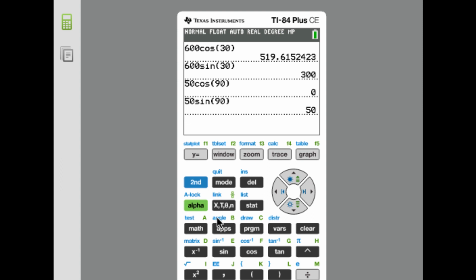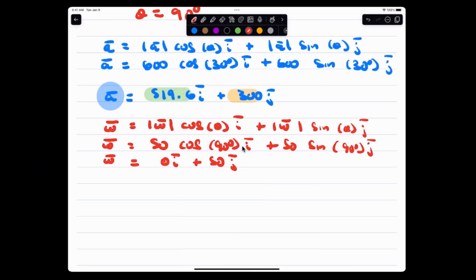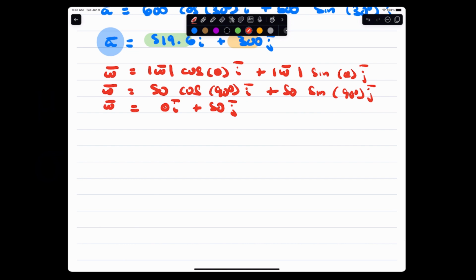Zero plus what? So that's 0i plus 50j. And 0 times anything is 0, is that right? So I'm just going to write down my wind vector as 50j. Yes. This is a wind vector.